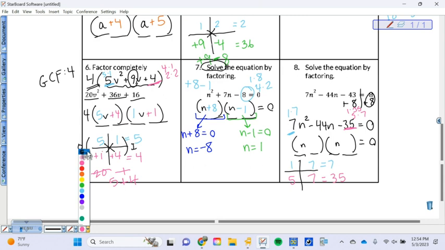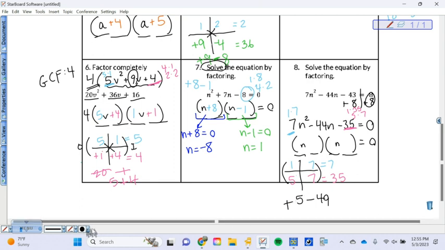So what's 1 times 5 give me? And 7 times 7? 49. Can I use 5 and 49 to get to 44? Yes. How do I get to negative 44 with 5 and 49? Negative 49, positive 5.